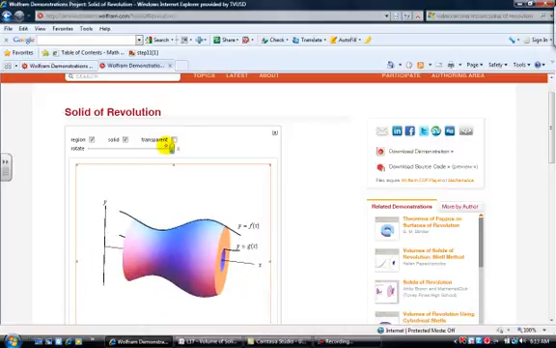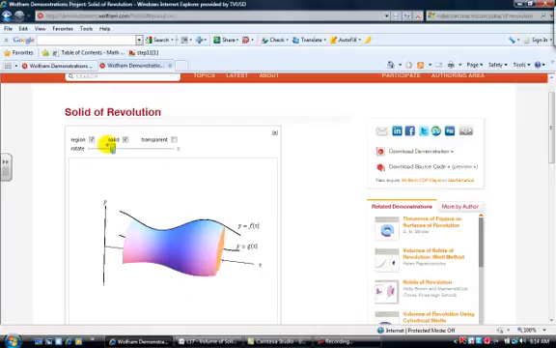Once again, let's go back to the beginning. You can see how you take a bounded region, wrap it around an axis, and it forms what's called a solid of revolution. The question is, how do you find the volume of such a thing? Let's take a look at that.